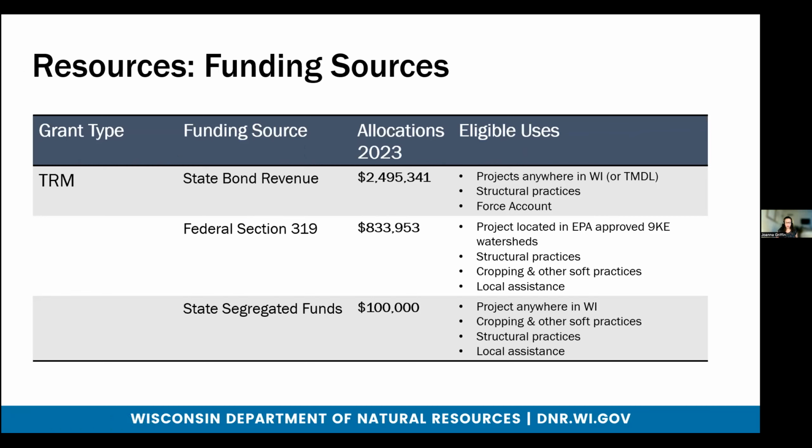So I want to share a little bit about our funding information. For TRM grants, the majority of funding comes from state bond revenue. So this is just sort of a snapshot of last year, or the grants that are funded this year in 2023.